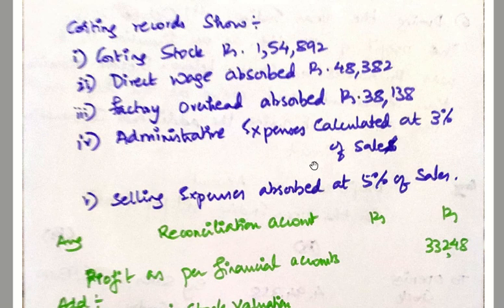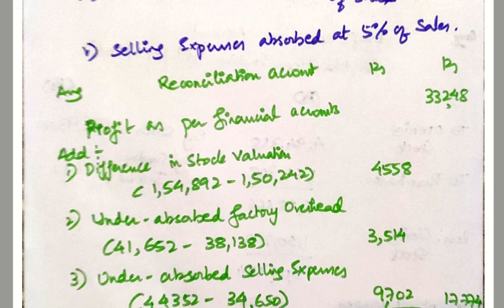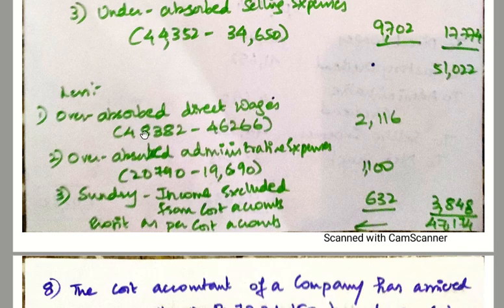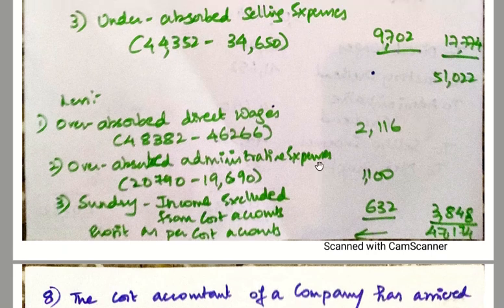So when you have the overvaluation of expenses or overheads, basically we will add it, but here we are reversing it, so we will minus it. Over absorption of direct wages, 48,382 minus 46,266, which is 2,116.